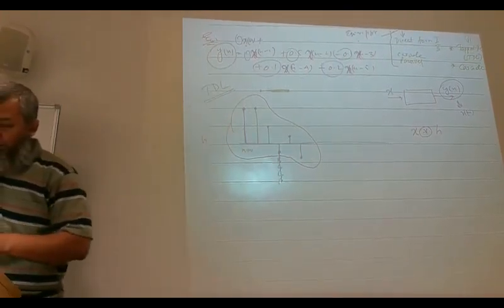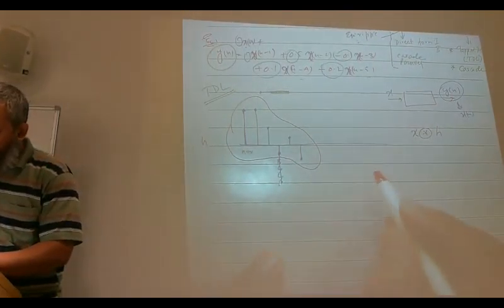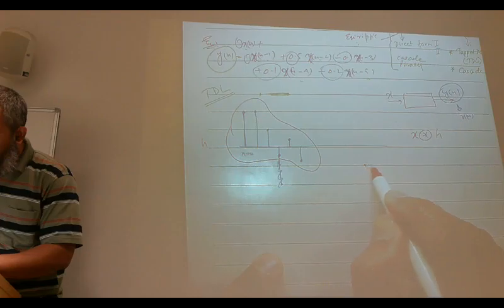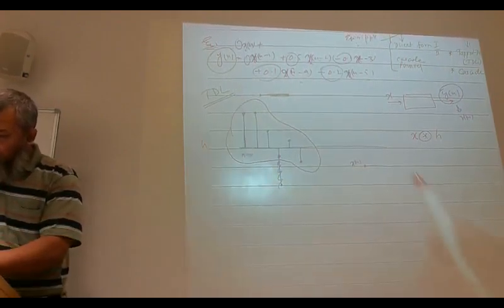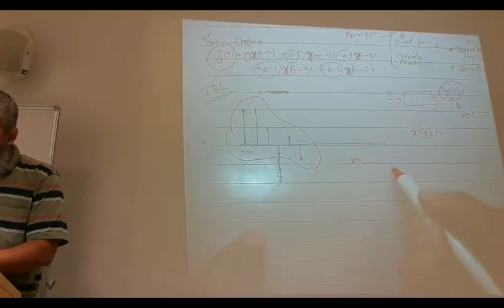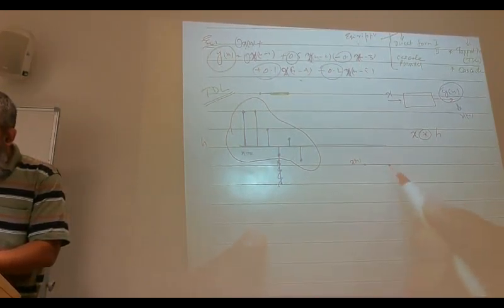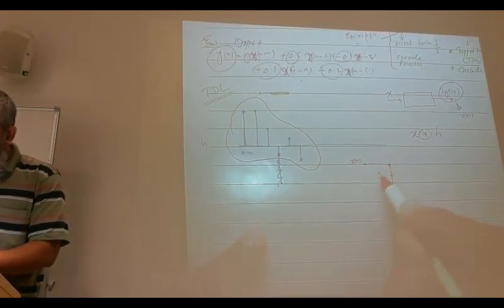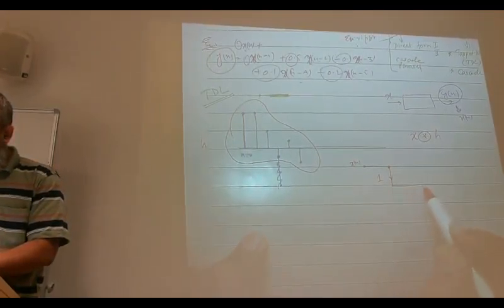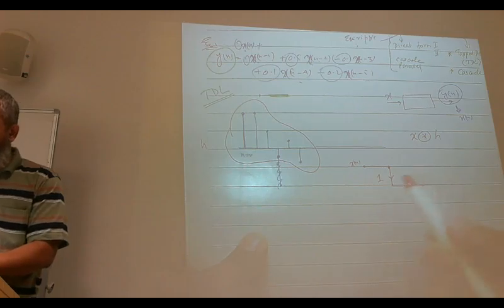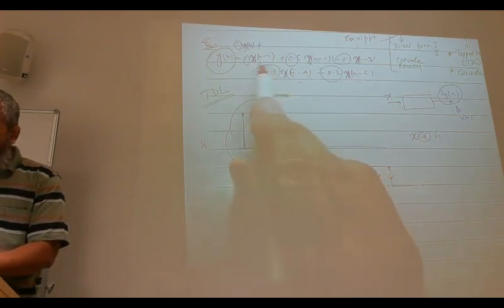Now, how do I represent it in a structure? X of n, the coefficient of x of n goes in here with 1. Add to it x of n minus 1.